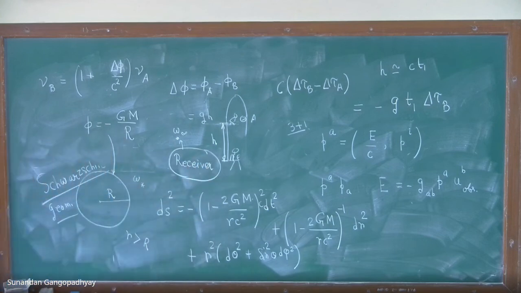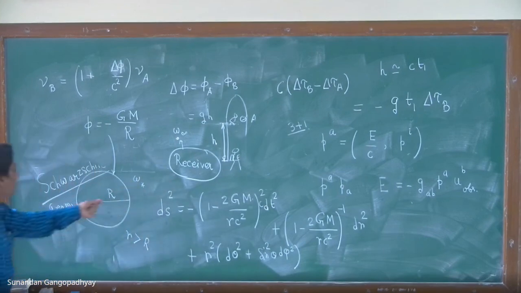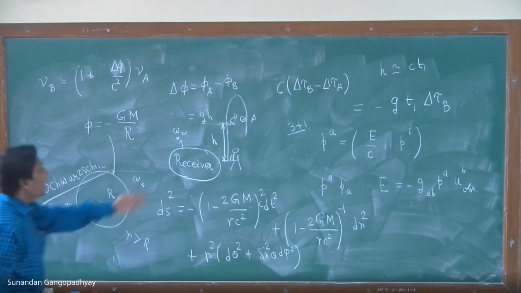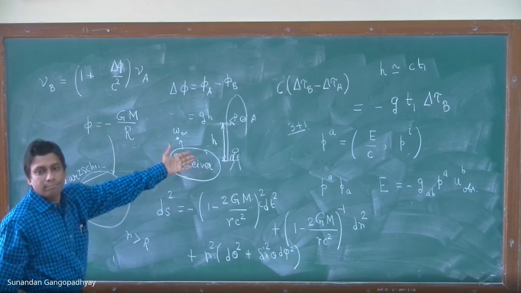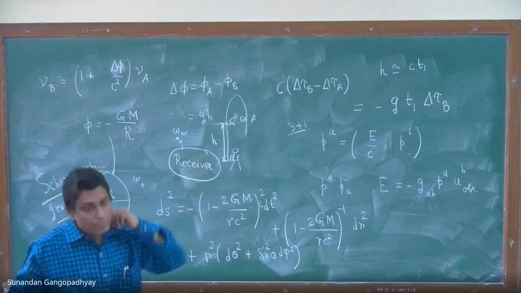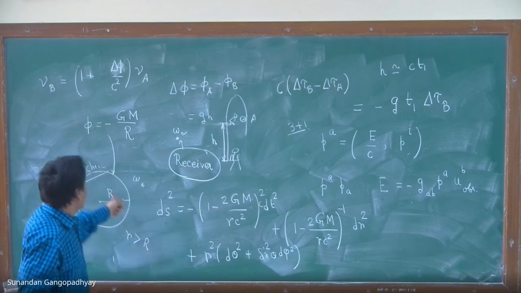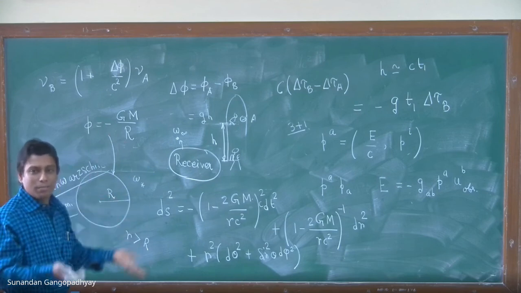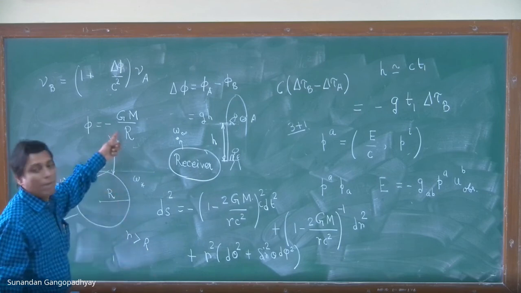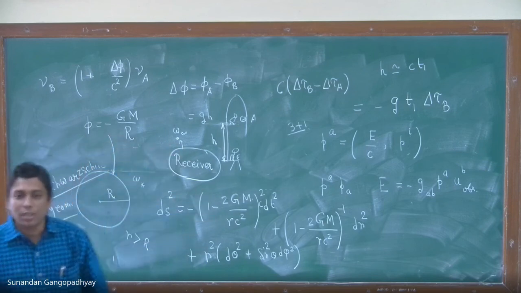He is receiving these signals which are emitted from the surface of the star. So who is at a higher potential? The guy who is at infinity, because the star is a bound system. His potential is negative, minus GM by r, and infinity is zero potential. So he is at a higher potential.